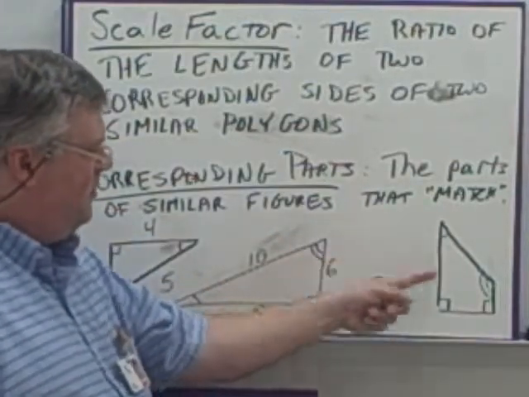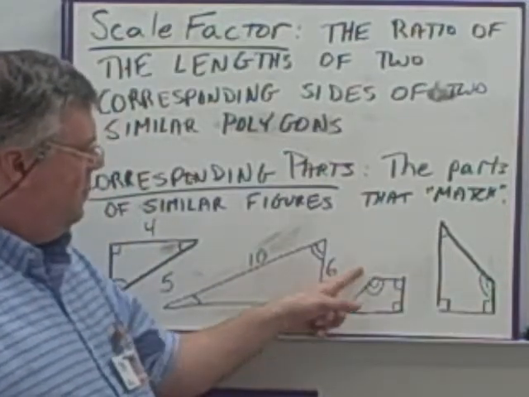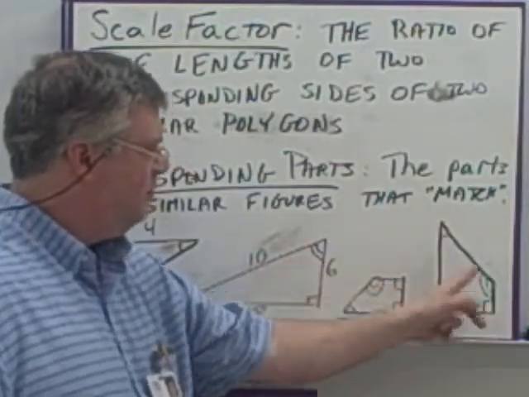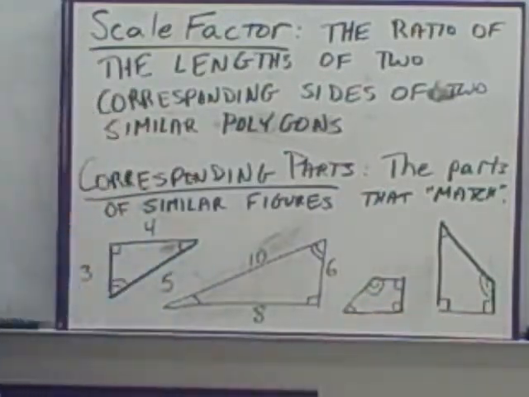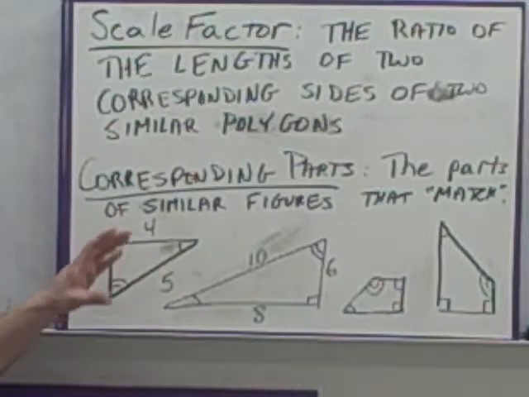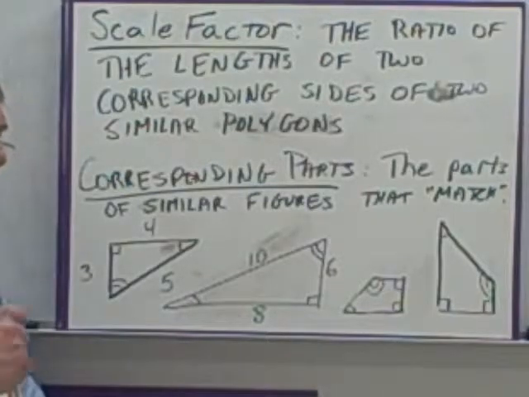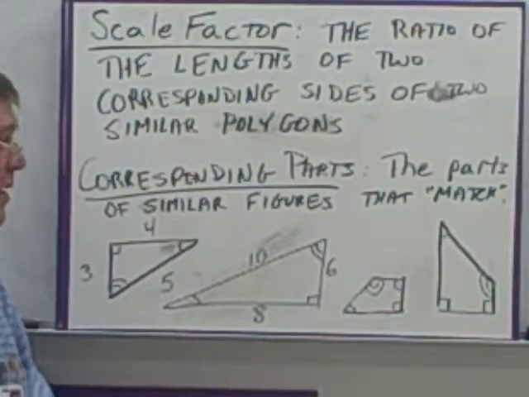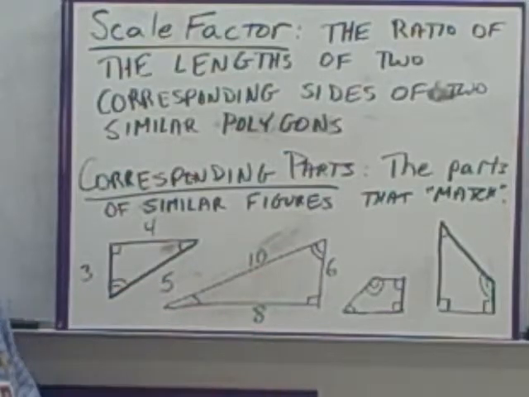This side is going to match with this side. This is going to match with this, and this will match with this. They're not always going to be nicely put together in the same orientation. They may be turned around, flipped around. You have to be able to identify the corresponding parts based on the angle measures they give you and which ones they're connected to.